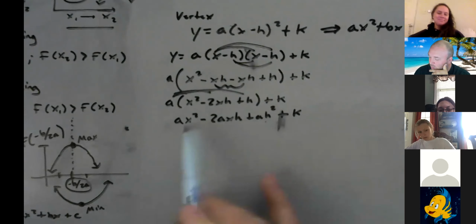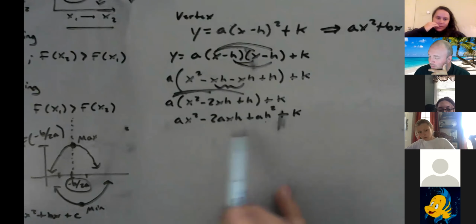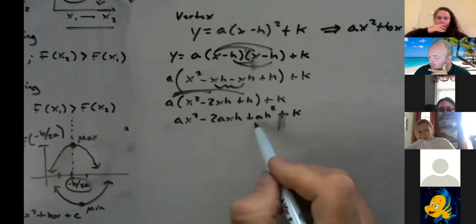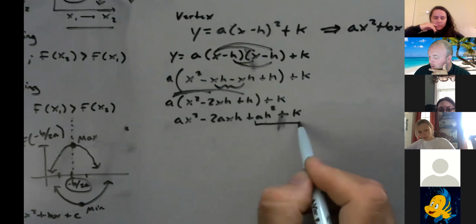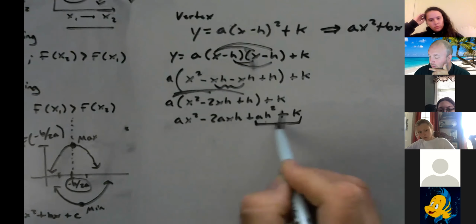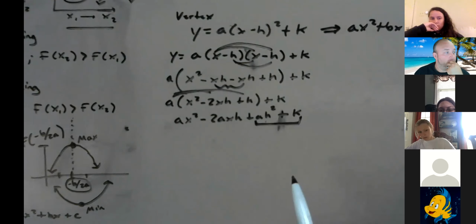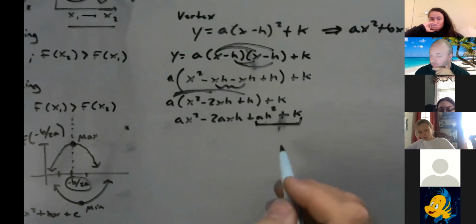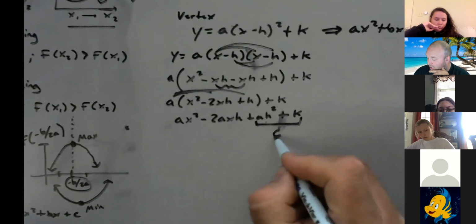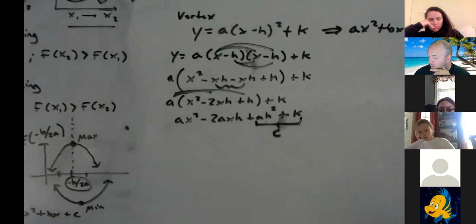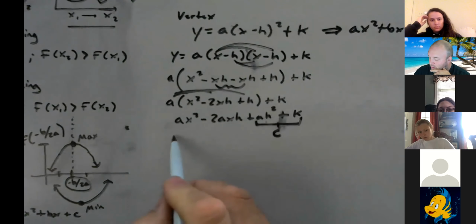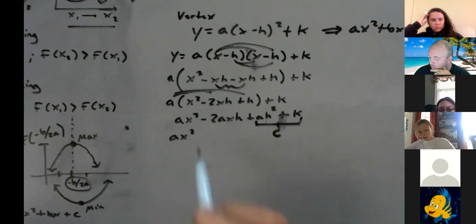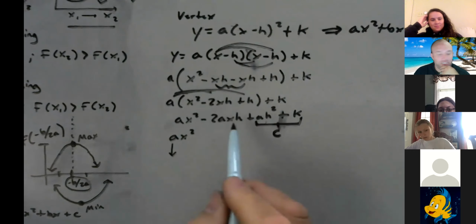Okay. So you can manipulate this a little bit. First of all, is there an x term at all within these here? There is not. So that takes on your c. That's your y-intercept. Okay. This one's pretty straightforward. Your a is a. This one, however, it's always the middle.